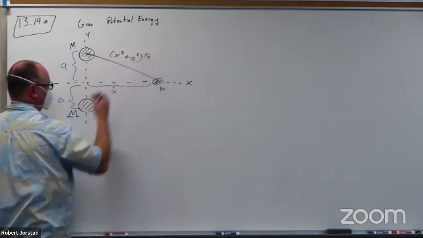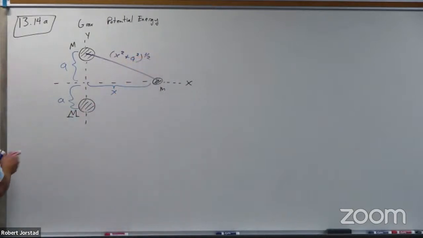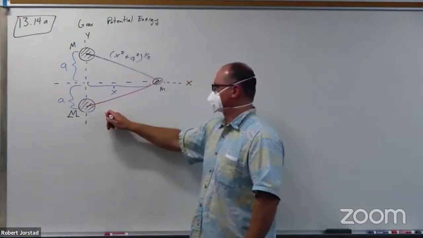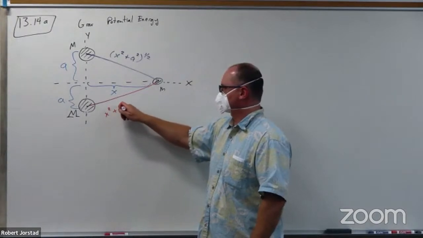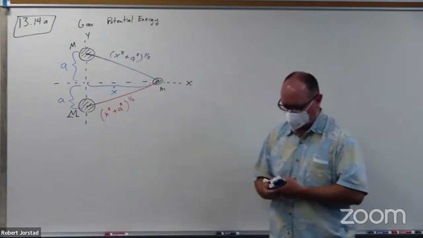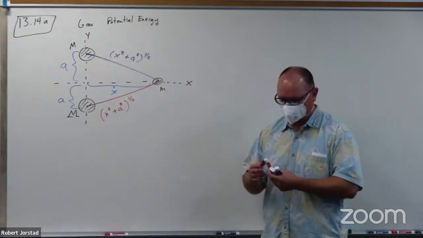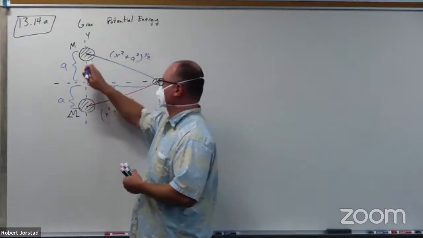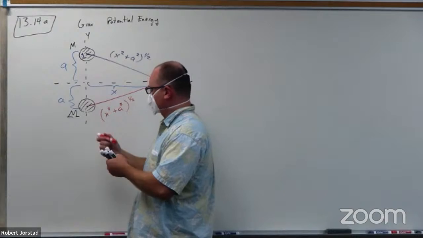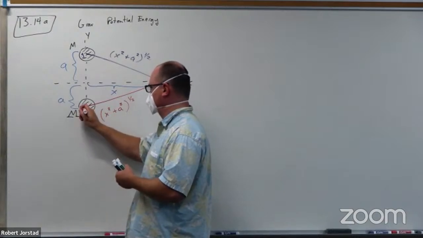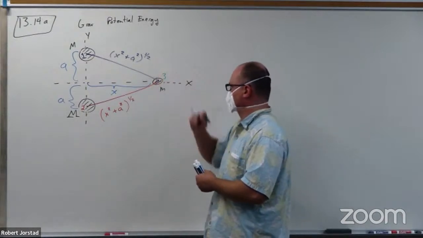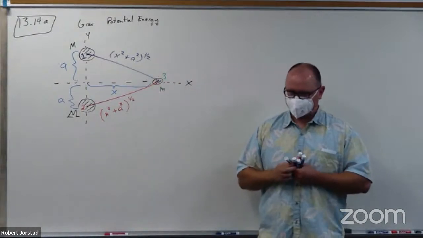Is that right? And I believe that was this distance right here as well. So we've got all the distances involved. I want you to learn this one trick. Oh, and we numbered them, didn't we? This was mass 1. This was mass 2. This was mass 3 over here.